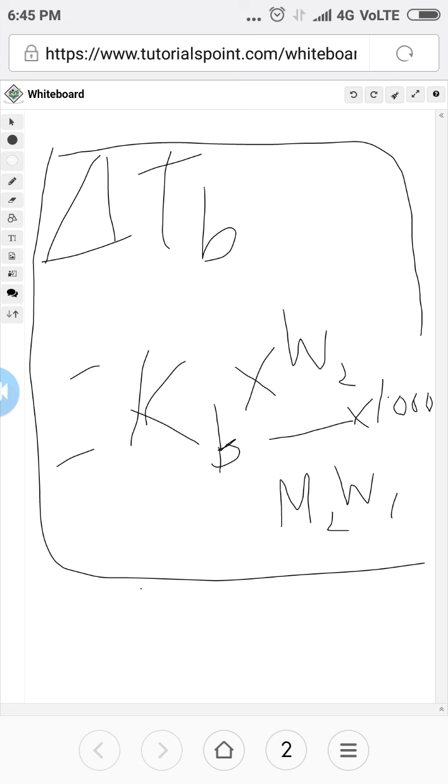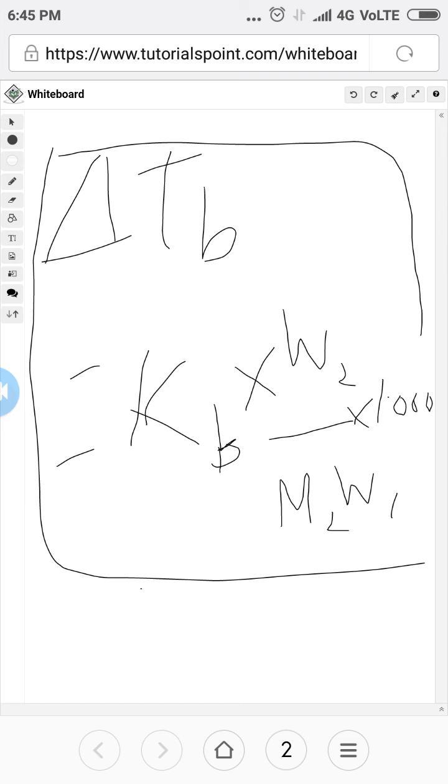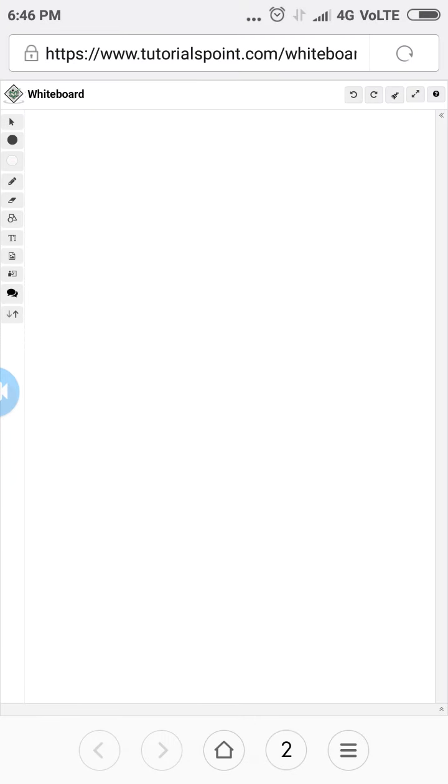W2 is the weight of solute in gram, M2 is the molecular mass of solute, W1 is the weight of solvent in gram.